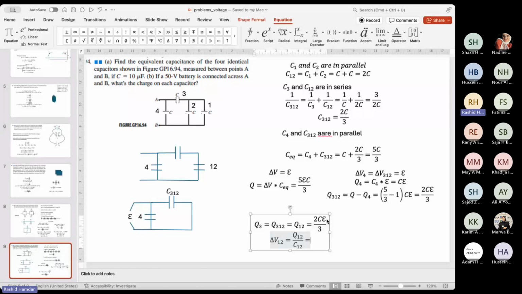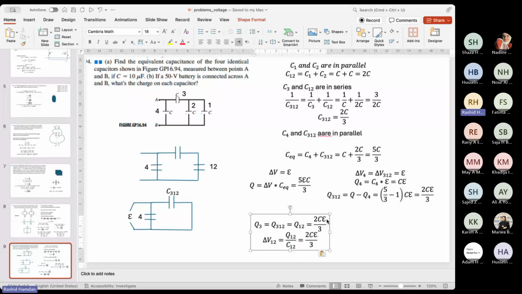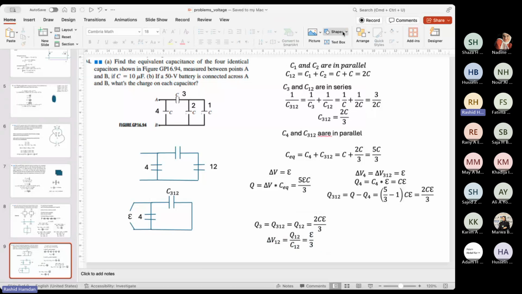So it's equal to E over 3. Let's copy E again. E over 3. Of course it has to come out in terms of E because it's a voltage, it can't depend on C. So it should only have E. So E over 3.